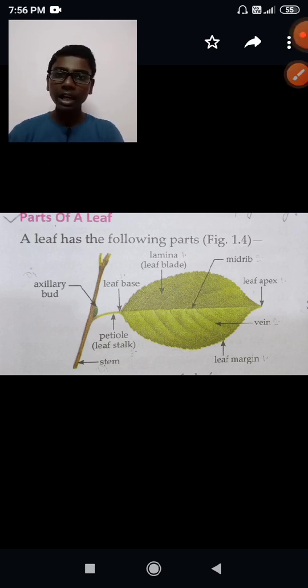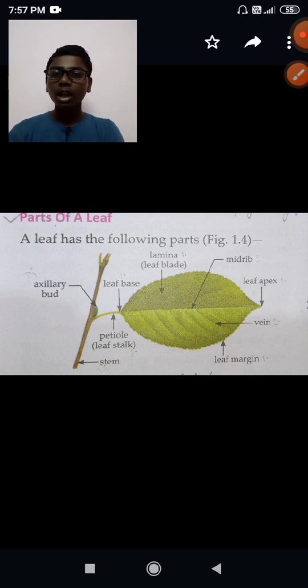Now in some plants, the leaf is directly attached to the stem. The stalk is absent over here, and therefore the leaf is directly attached to the stem. The leaf where the stalk is absent, we will call that leaf the sessile leaf.